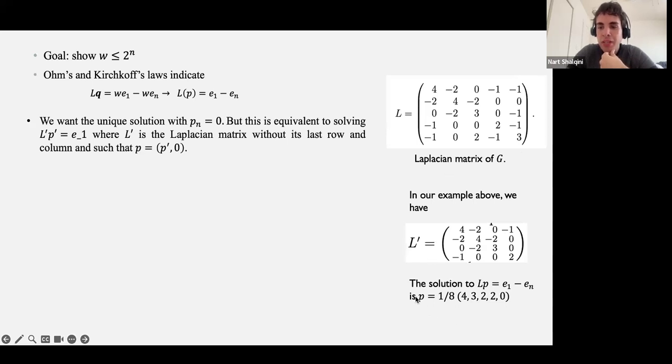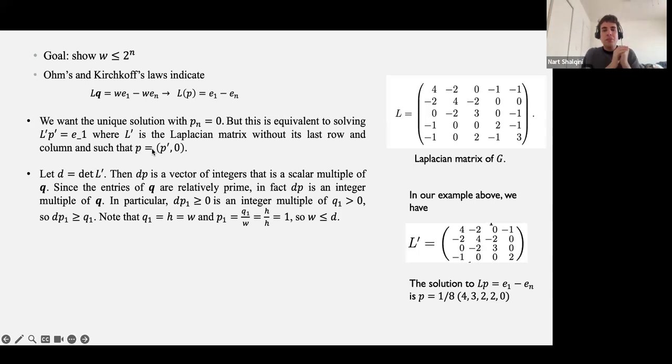The P that I obtain after solving L prime P prime equals E1 is 1/843,220. Note that L prime is always going to be invertible, so this will always have a unique solution, with the last component being 0.